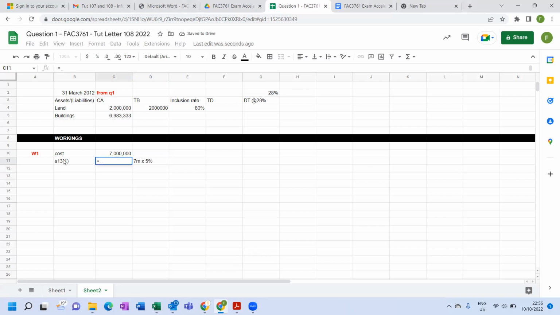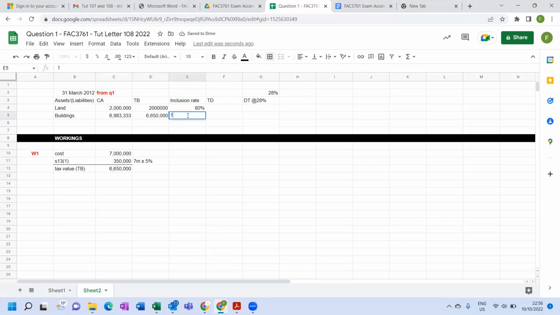It will simply be 7 million times 5%. Therefore the tax value, i.e. the tax base, is going to be cost minus all allowances to date. There was only one year of allowances, so it will equal 6,650,000.